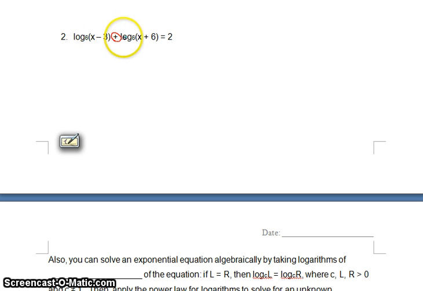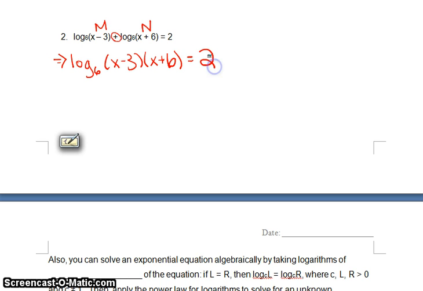So we're going to be writing this as two values multiplied together. So here m is equal to x minus 3, and n is x plus 6. So using our product law, we have log base 6 of m times n, so we'd have x minus 3 times x plus 6 is equal to 2.